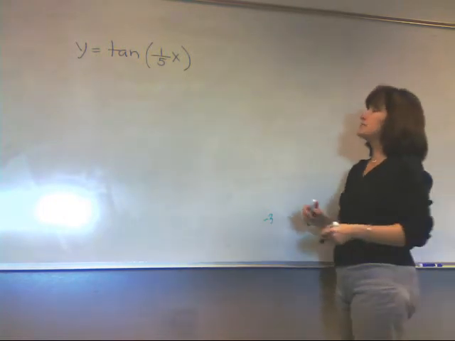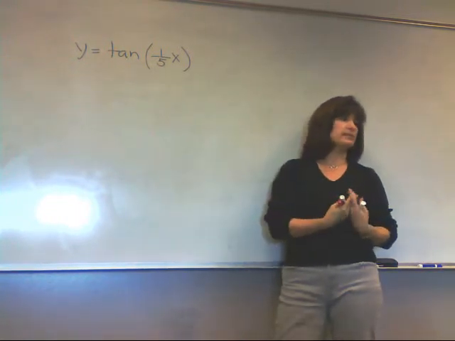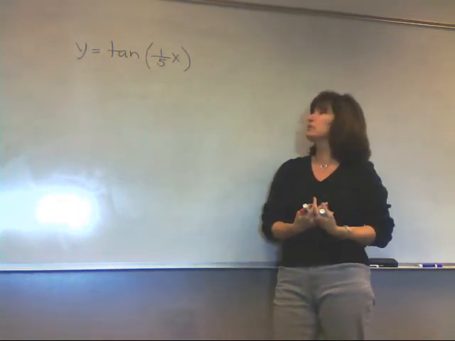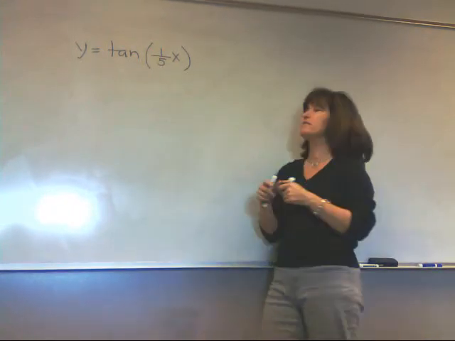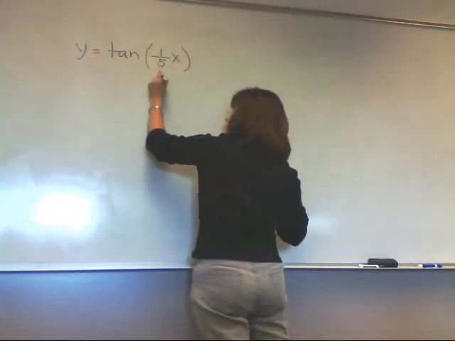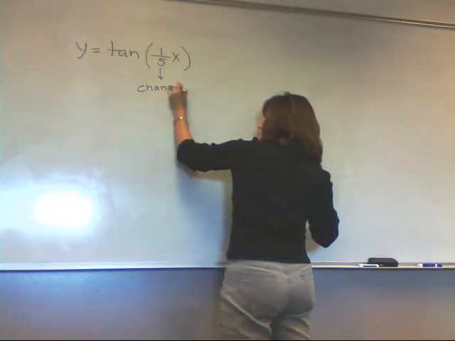Okay, so when there's a number inside multiplying the x, what does it affect? The period. Yeah, it's a horizontal stretch or shrink. In fact, this one is a stretch, but this affects the period. It changes the period to what?